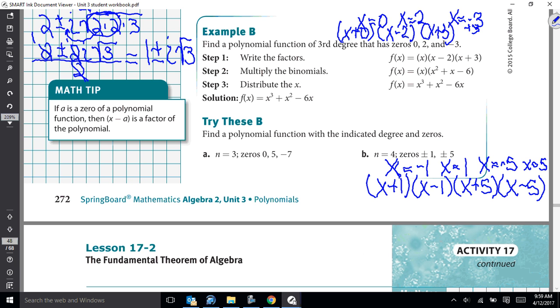All right, so now this next step was to multiply these together, right? So we're going to multiply these together, and we're going to multiply those together.